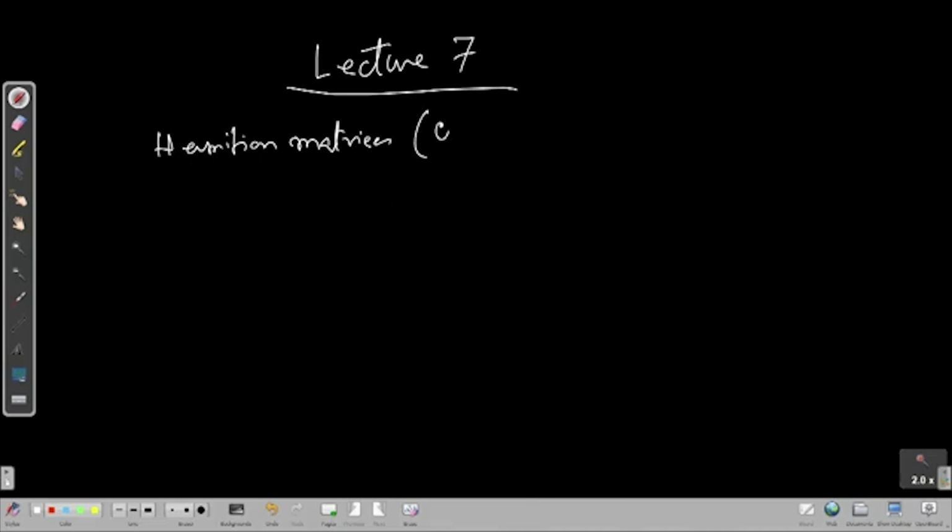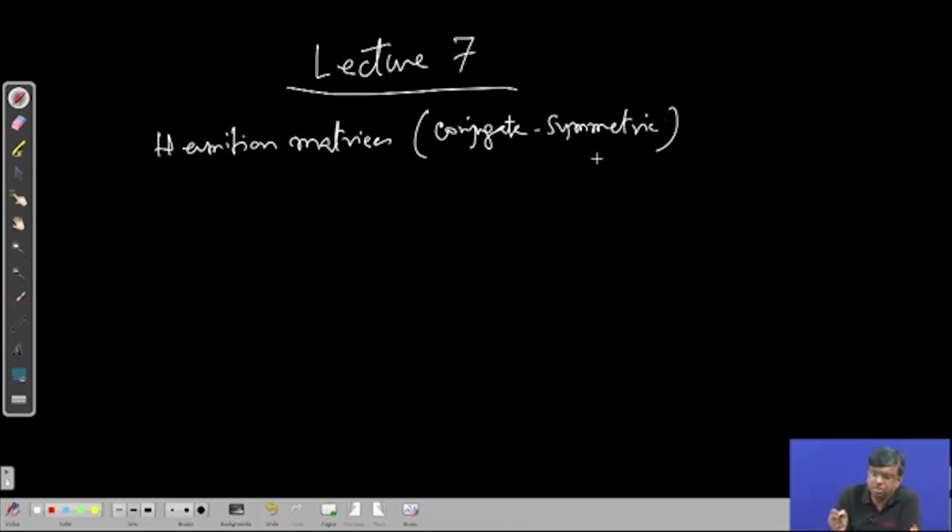Which also can be called conjugate symmetric. We know ordinary symmetric matrices in the case of real elements. Here it is conjugate symmetric. Okay.